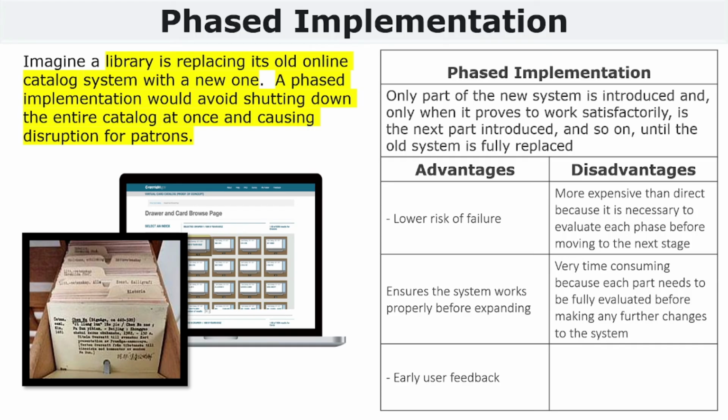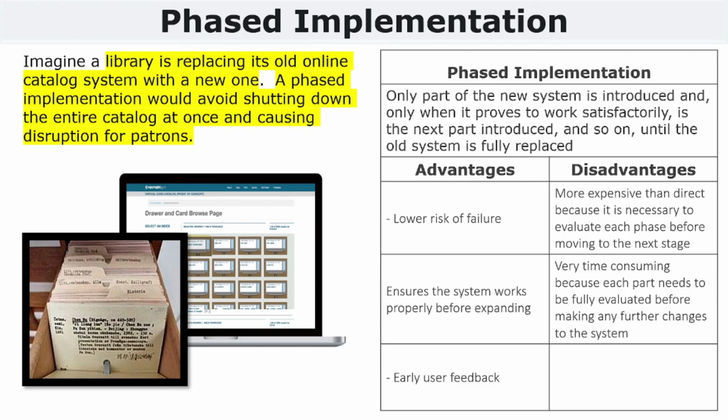The disadvantage here is that it's more expensive than the direct changeover because you need to evaluate at each stage whether things are moving well and whether it is behaving in the exact way you want it to behave.